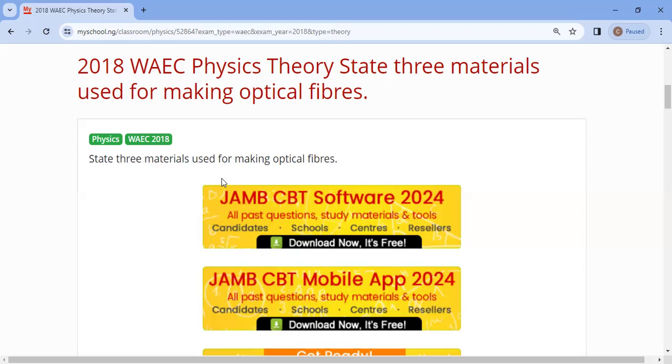Then in medicine, number 1, it is used in endoscopy. Endoscopy is like when you want to examine your throat, for instance, maybe someone has a sore throat or an ulcer.